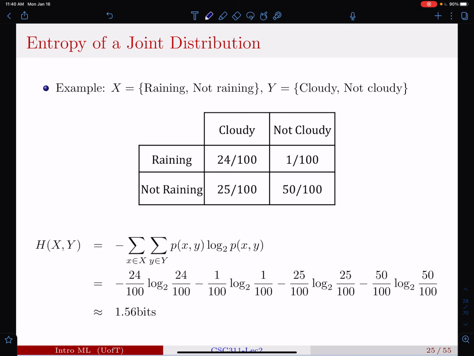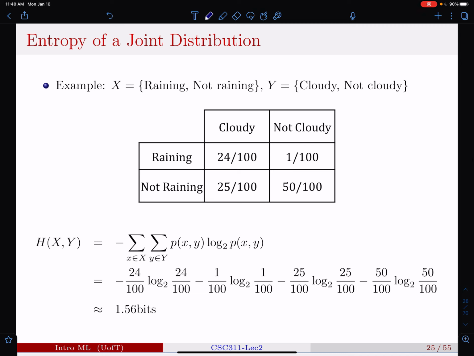It's also just going to be equal to the probability times log of the probability with a negative sign in front. You can plug in the numbers from this distribution to end up with an entropy over the cloudy, not cloudy, and raining, not raining outcomes. So on average, to describe the weather, we would have to send 1.56 bits.